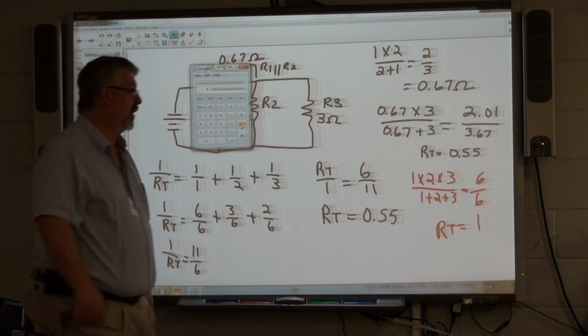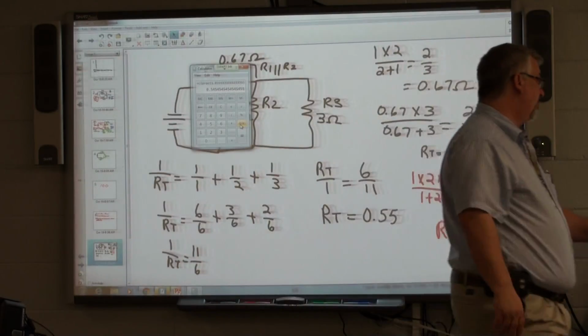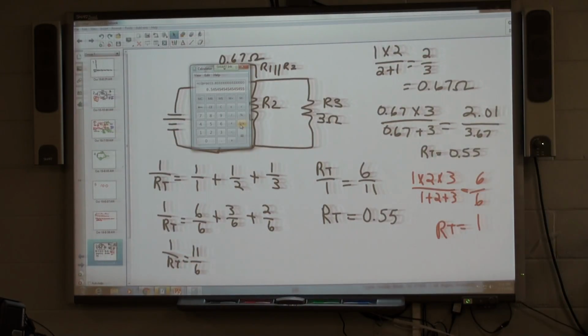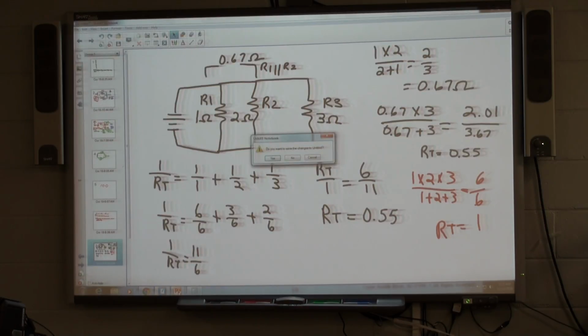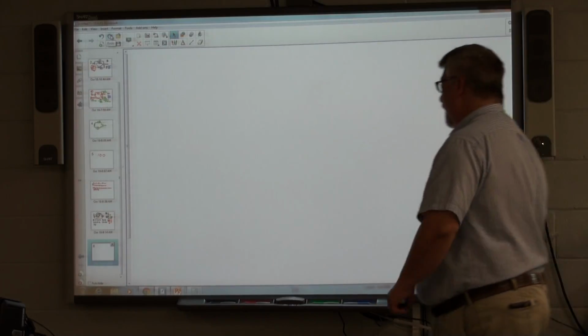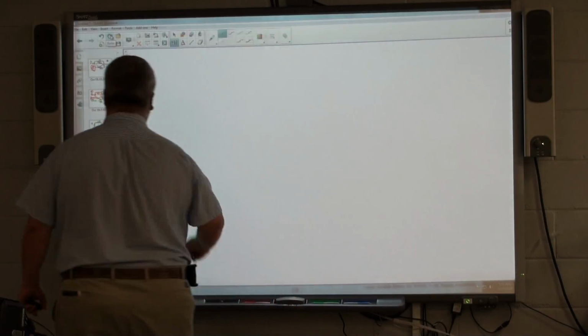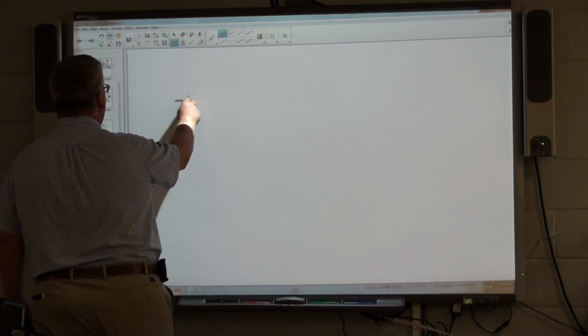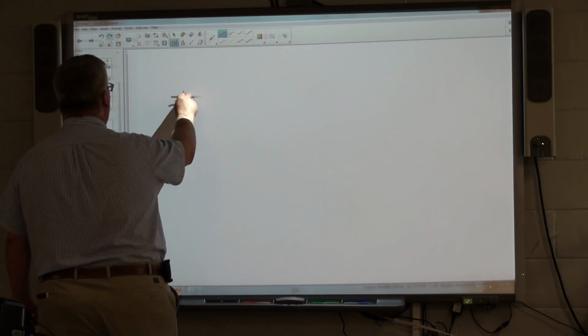So let's work another one. Let's change the values to something other than 1, 2, and 3, because I don't want to confuse you with R1 being 1 and R2 being 2 and so forth. You're confused? Well, let's unconfuse you. We know that in parallel branches, RT is always going to be less than the lowest one, right?